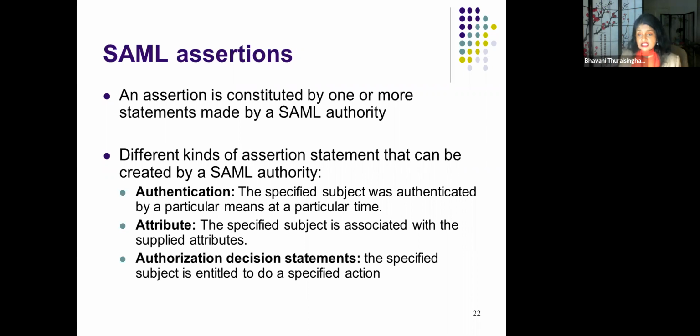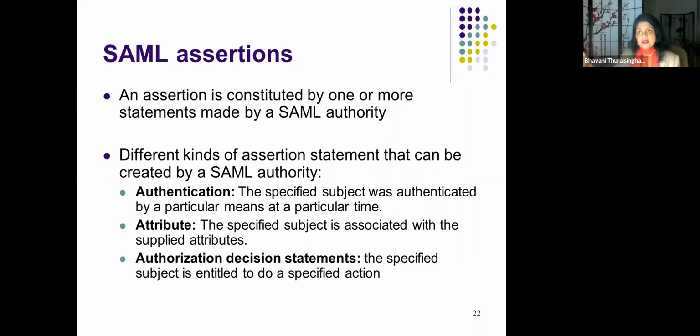An assertion is constituted by one or more different statements by a SAML authority. There are different kinds of assertion statements that can be created. For authentication, the specified subject was authenticated by a particular means at a particular time. For the attribute, the specified subject, like John Smith, is associated with the supplied attributes.